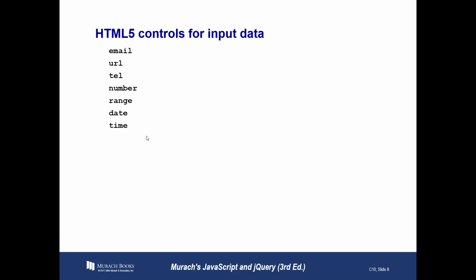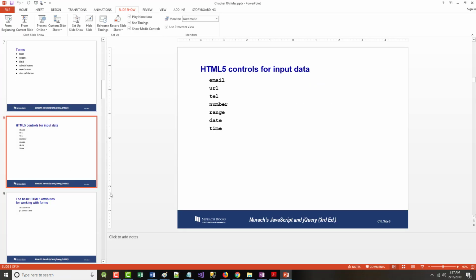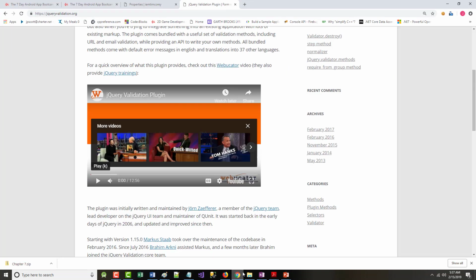All right, same thing with the URL. Telephone numbers, that one is probably the worst. In fact, what I'm going to do very quickly, you've seen me do this before, is I'm going to go out here to Can I Use?